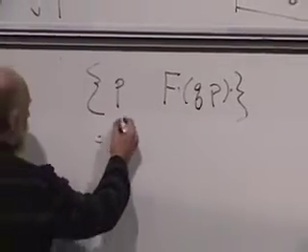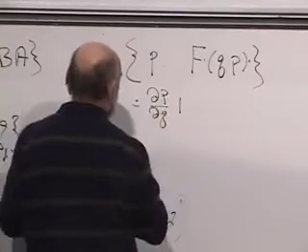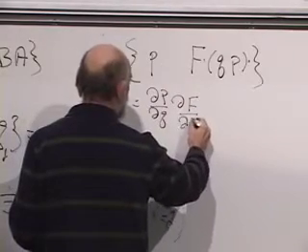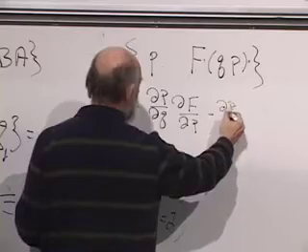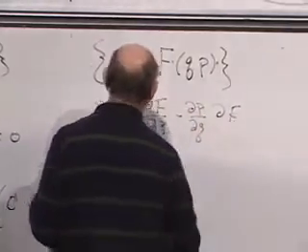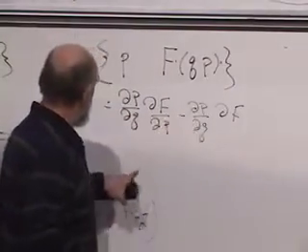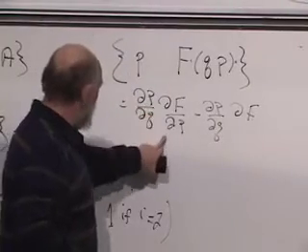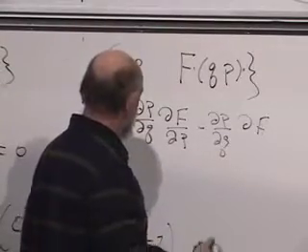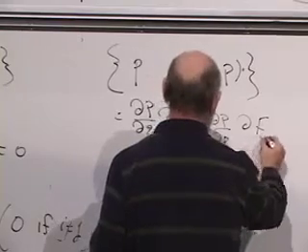It gives you, first of all, dP by dQ, dF by dP, minus dP by dP, dF by dQ.